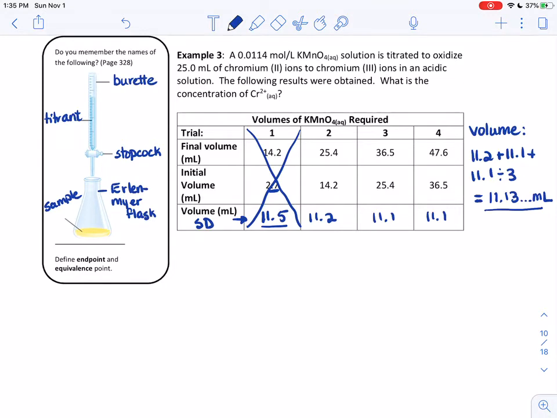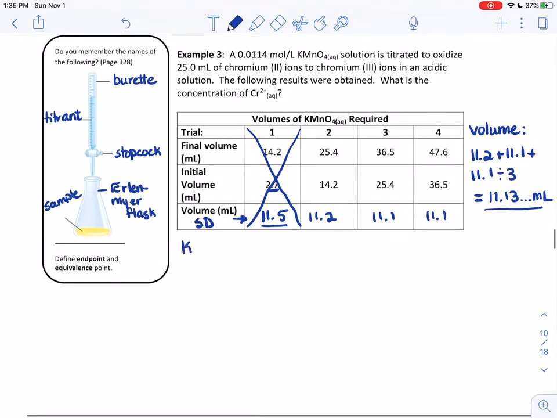A 0.0114 mole per liter KMnO4 solution is titrated to oxidize 25 mL of chromium 2 ions to chromium 3 ions in an acidic solution. The following results were obtained. What is the concentration of the Cr2+? So I know that I've got K+, MnO4-, and I am titrating chromium 2+ ions into chromium 3+ ions.